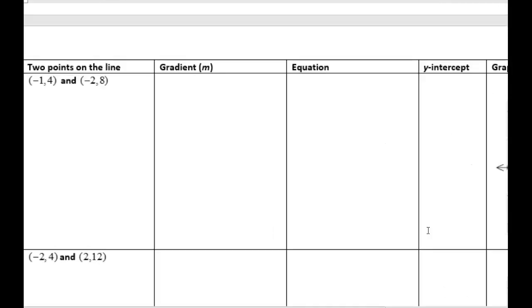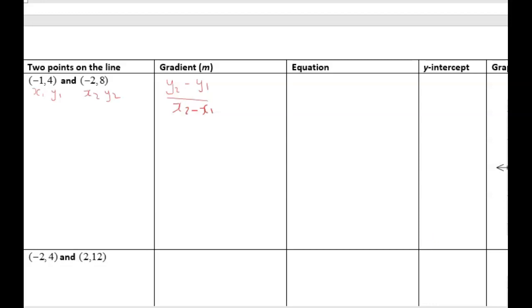Okay, so let's find the equation. So the first thing is to find your gradient. Now you can write your formula first. So y2 minus y1 over x2 minus x1. Now remember to label your points. So we've got x1, y1, x2, y2. Okay, and we're just going to substitute in those values.